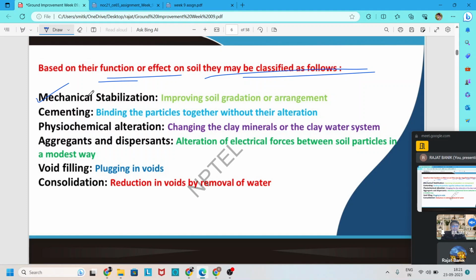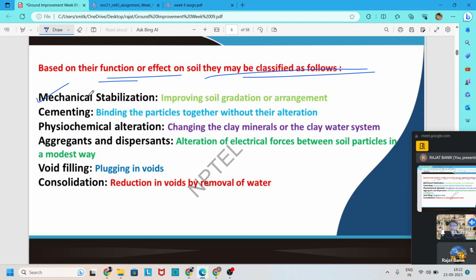That means we change the cations which are in between the clay minerals. We change them, and by that way we change its swelling and shrinkage nature. And also we control the clay-water system by reducing the thickness of the double layer of the clay particle.